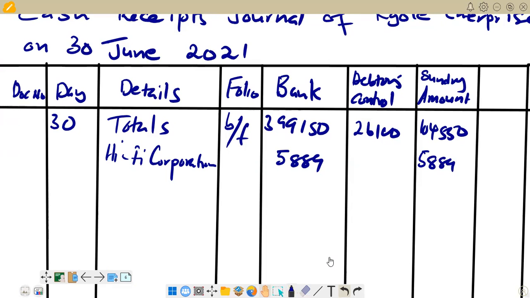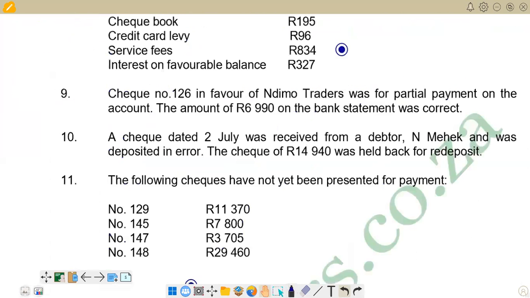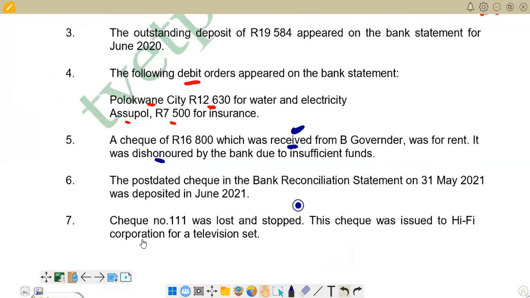On the description part, remember, we can go back and check.